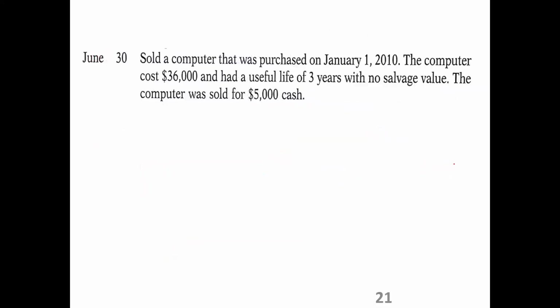Okay, now here, this asset is disposed on June 30th, 2012. It was purchased on January 1, 2010. The cost was 36,000. The life is 3 years with no salvage value. So in this case, 36,000 divided by 3 will give us 12,000 as our depreciation expense for each year.